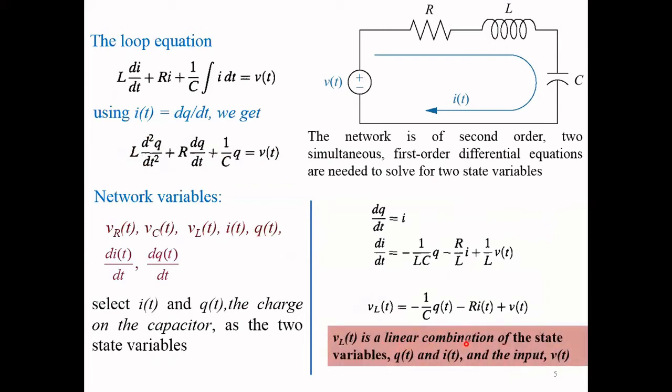V L of t is a linear combination of state variables q of t and I of t, both state variables, and the input. This is state space representation. These are the state equations and this is the output equation.